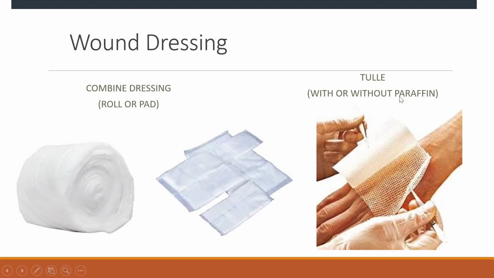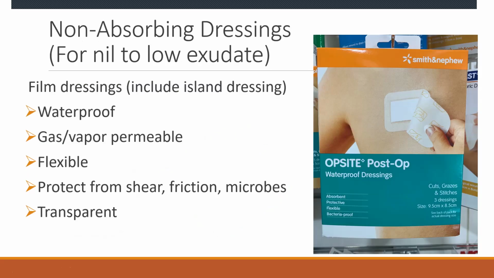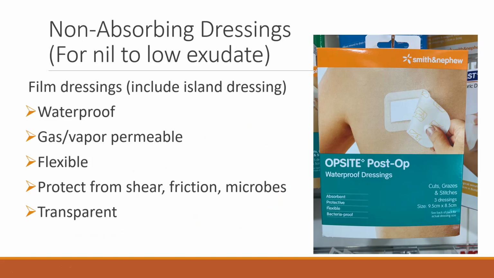And the tulle, normally this thing is called tulle. It looks like gauze, but not quite. Sometimes that sort of dressing we will put liquid paraffin on, or sometimes not. These all belong to traditional dressing.